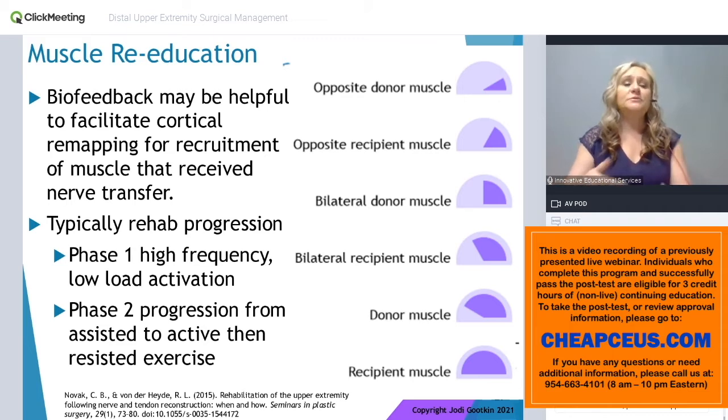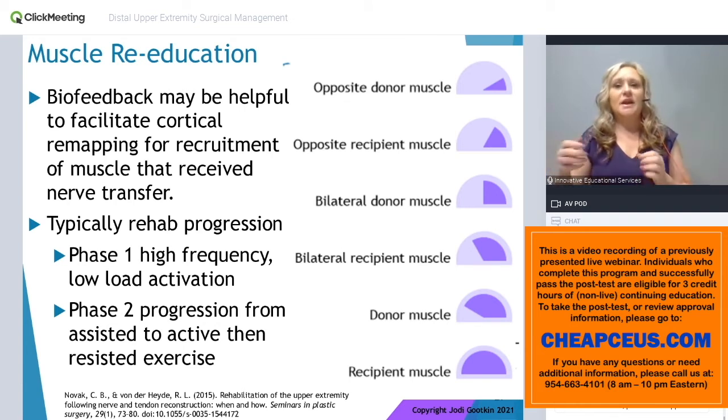And then in terms of actually teaching the patient how to recruit that new muscle innervation, I read many different protocols, and I'll be honest, they were all slightly different. What seemed to emerge as a commonality is that the cortical mapping that has to occur needs to address the patient bilaterally, and it needs to start with recruiting the donor site, like consciously thinking about recruiting the donor, and then progressing to weaning off that and thinking about recruiting the recipient muscle.